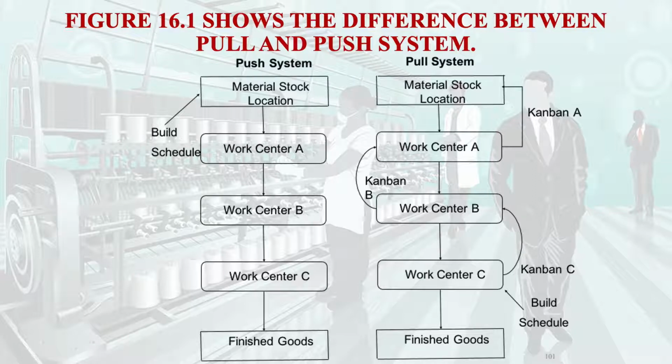In case of the pull system, the person at finished goods will demand the product from work center C. The person at work center C will demand from work center B, and then work center A, and then it will ask from manufacturing.